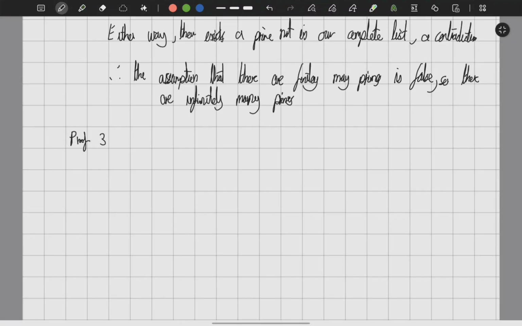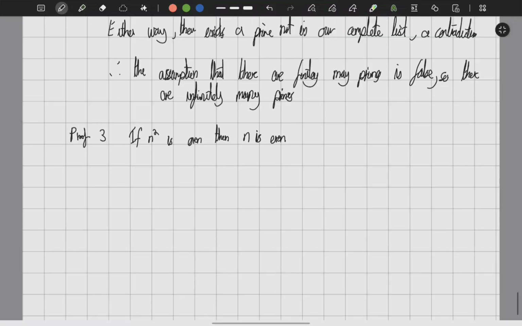Proof 3 is prove by contradiction if n squared is even, then n is even. So first thing, this is obviously our statement.